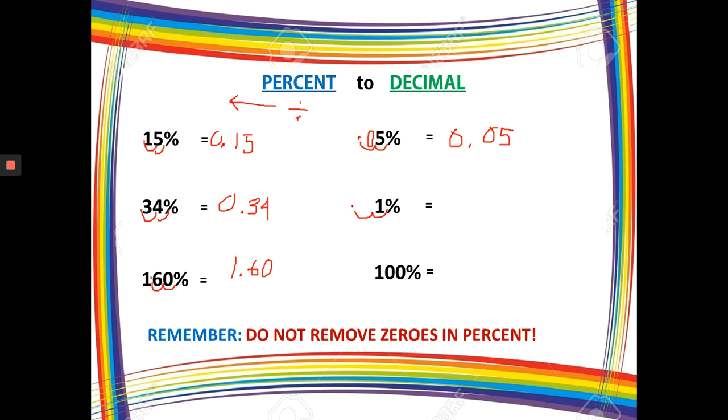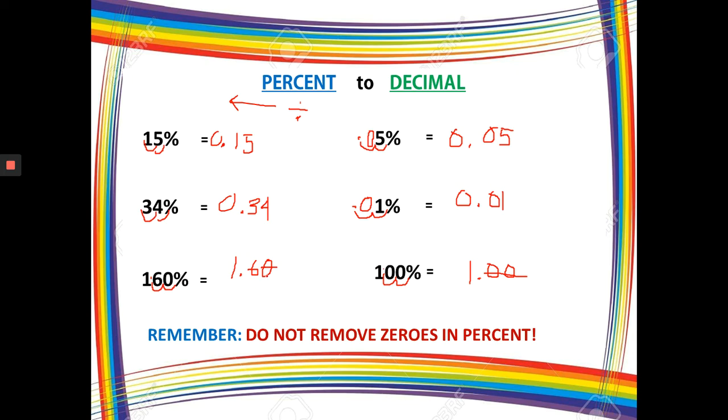How about 1%? 1, 2. Okay, there's an empty slot again, so we add 0 there. So it's 0.01. How about 100? 1, 2. So it's 1.00. And here, you have to remember that after the decimal point, if the 0 is the last digit, you can just remove the zeros after.